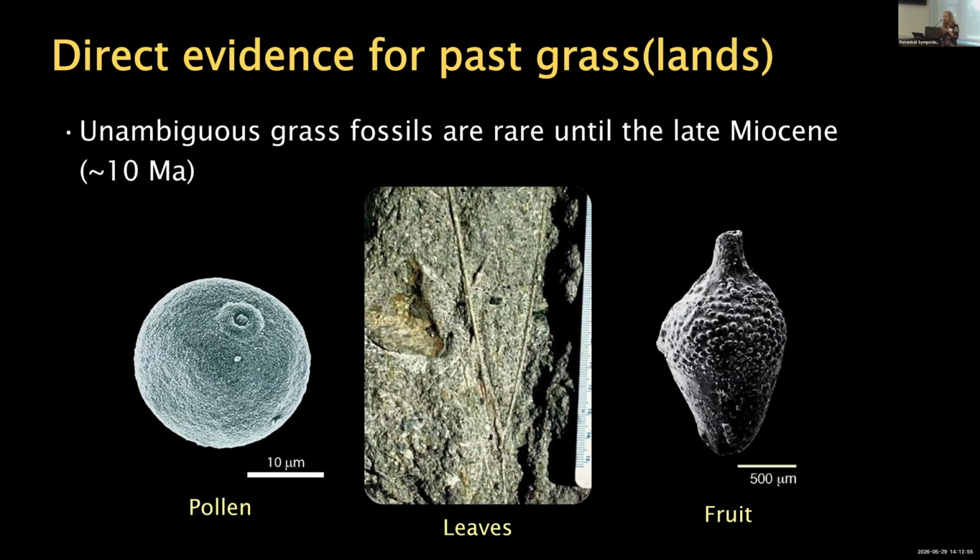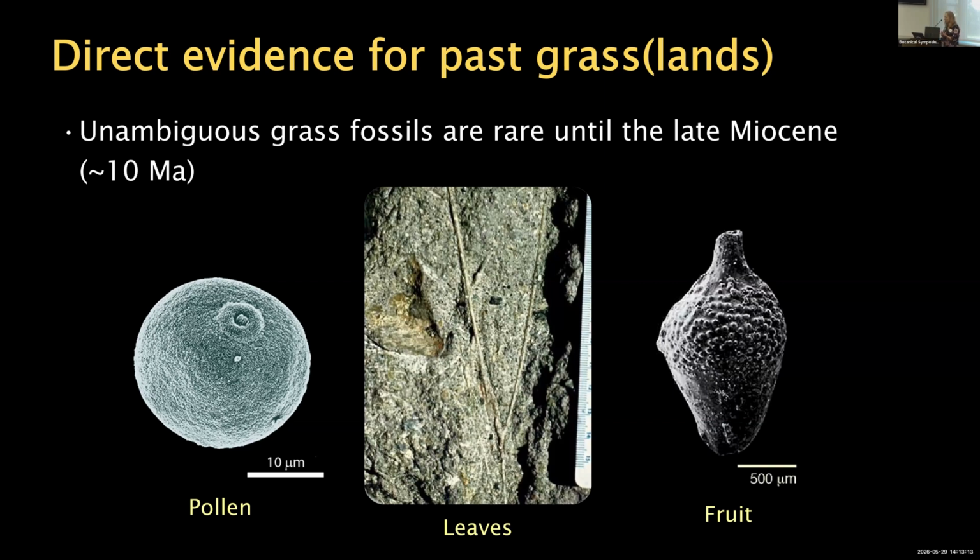Also within the Great Plains, where many of the grasslands we have today are, there is very little pollen preserved in the fossil record. Grass leaves are practically useless unless you have anatomy preserved, which we almost never have.